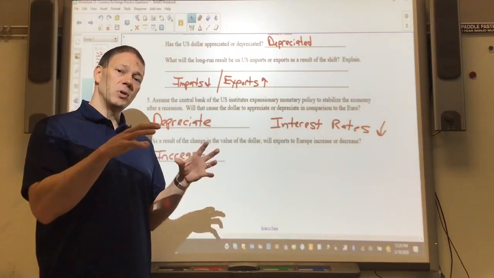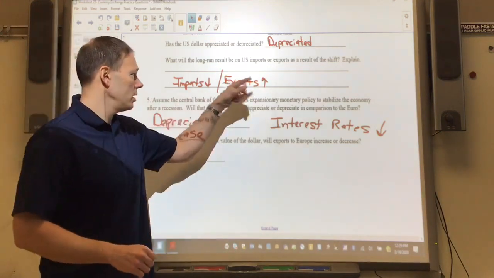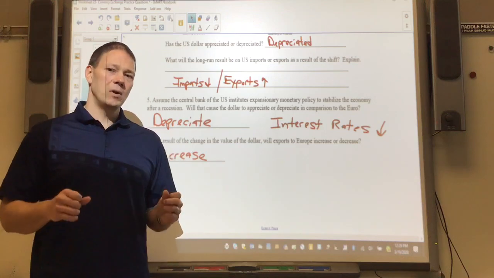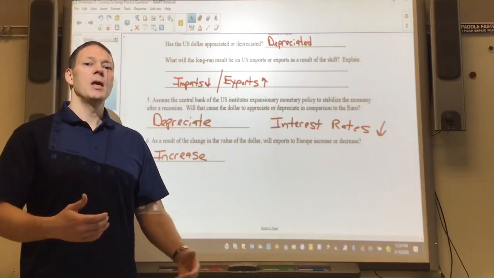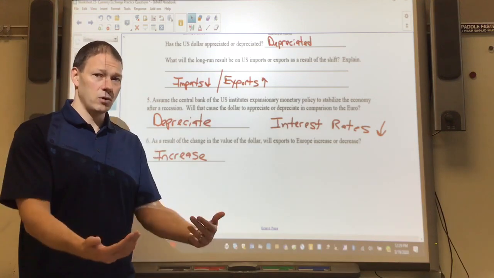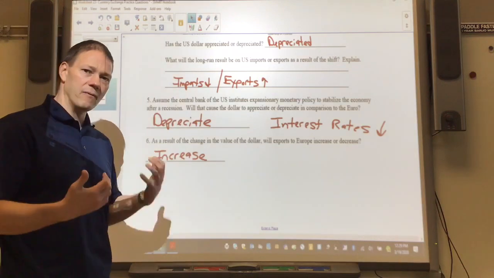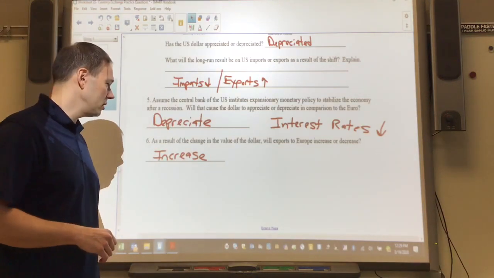Or if you don't want to buy or invest in a particular country, and that's what happened with this last scenario, that causes the demand for their currency to decrease. You could also say the supply of their currency is going to increase because they want to invest in other places. And then you just look at the graph and figure out the appreciation and depreciation.